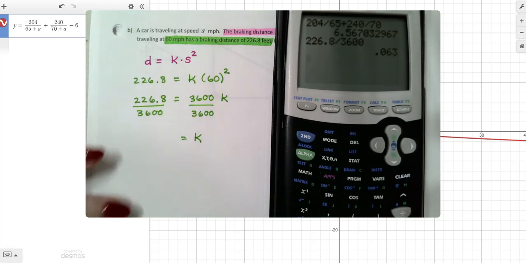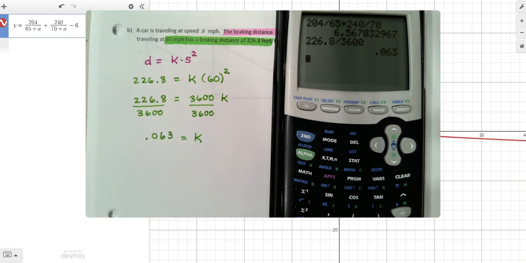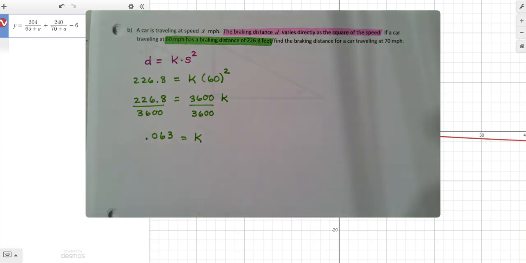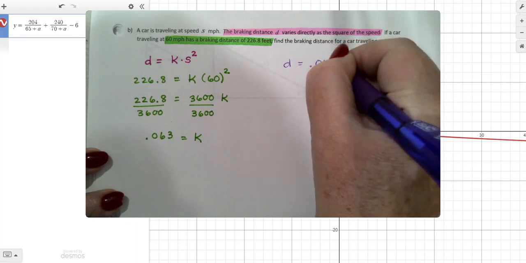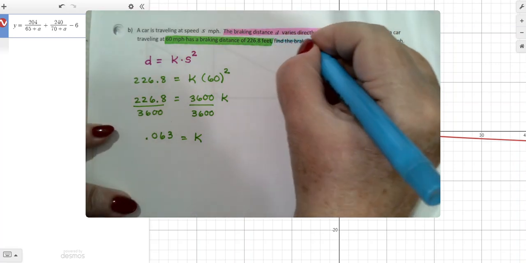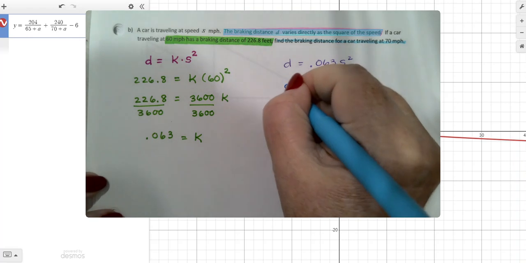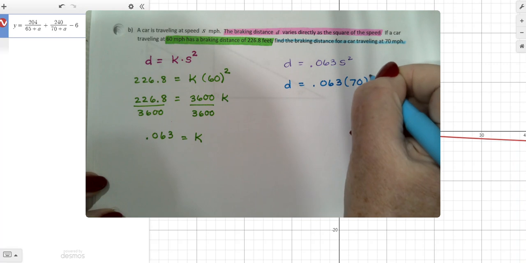I'm getting 0.063 for K. All right, so now I have my braking distance is equal to 0.063 S squared. And I can now find the braking distance if the car is going 70 miles per hour. So find D by plugging in 70 for S.